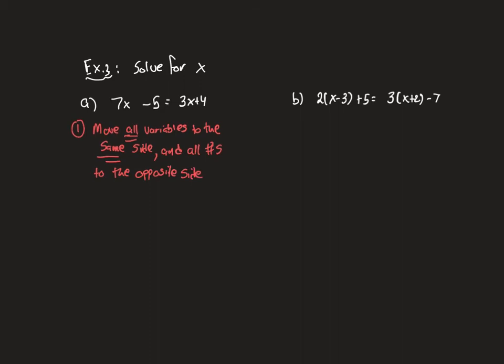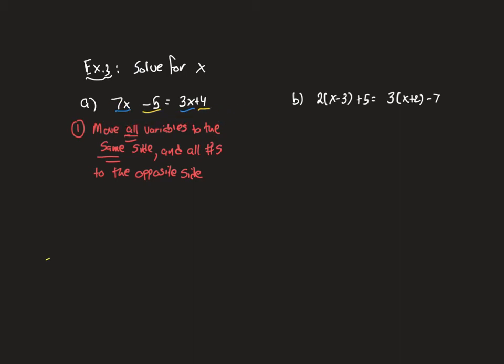Okay, so what do I mean by that? Well, you see here I have a 7x and a 3x, and I have a minus 5 and a plus 4. So you can move the 7x to this right side, or I can bring the 3x to this left side. Either way, you're going to get the same answer.